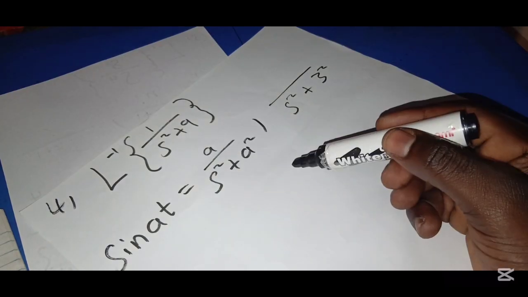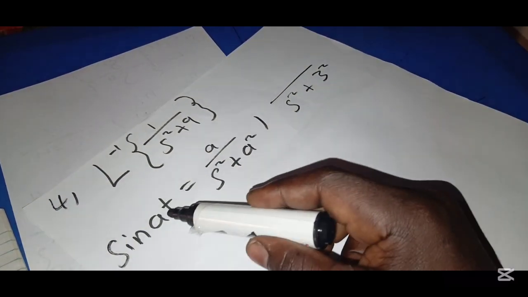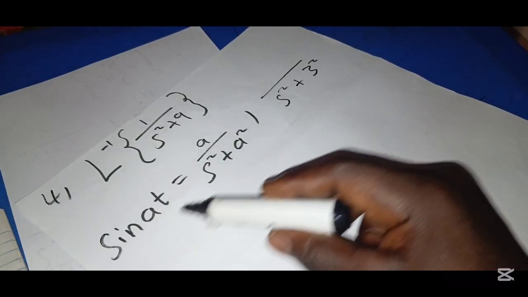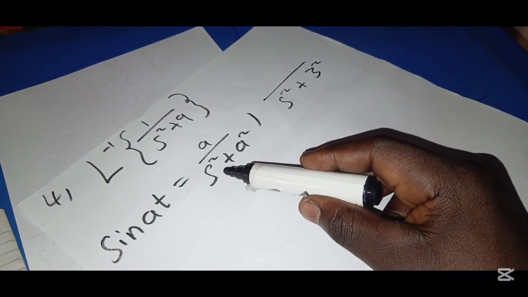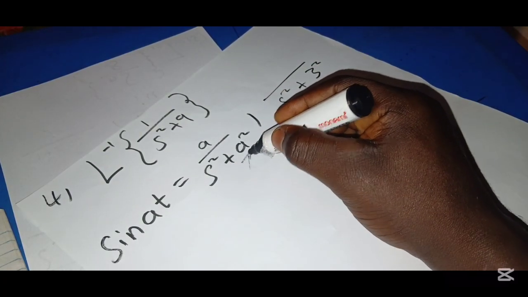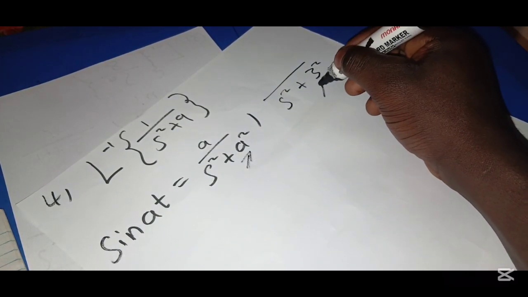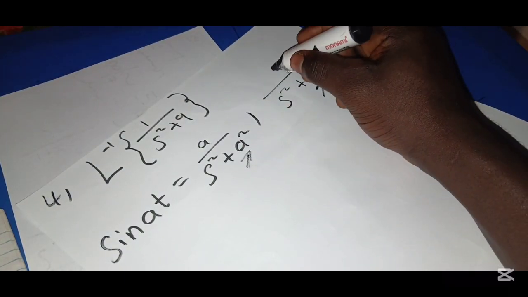Now I'm done analyzing my denominator. Looking at the original elementary sine at formula, I'm supposed to get a here, since you could see that this is my a. My a is 3. So I'm supposed to get a here, right? Good.